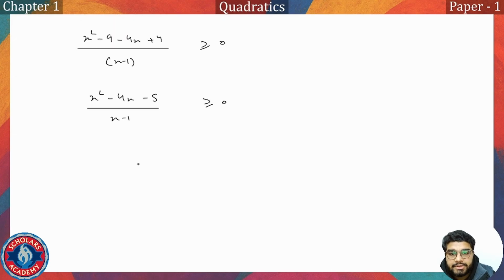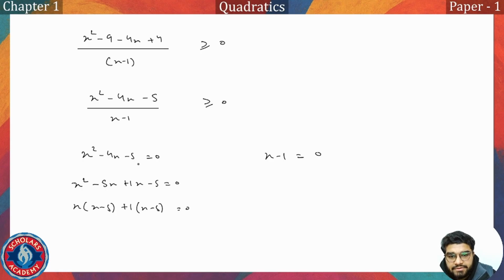Let's find the critical points. So from the numerator, x² − 4x − 5 = 0 for finding the zeros, and x − 1 = 0. I get x² − 5x + 1x − 5 = 0. Taking common, (x − 5)(x + 1) = 0.